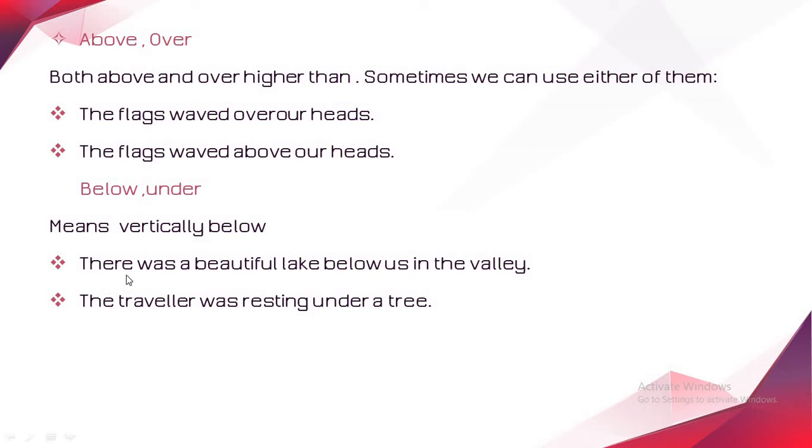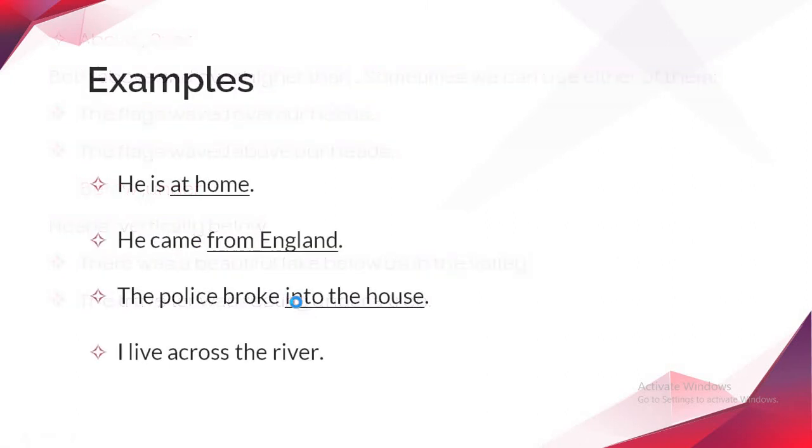So examples can be, there was a beautiful lake below us in the valley. So a beautiful lake was going below the valley. The traveler was resting under a tree. Fine. So the traveler was taking rest under the shade of a tree. But the beautiful lake was passing below the valley. So there is a slight difference with the usage of it that you could make out.